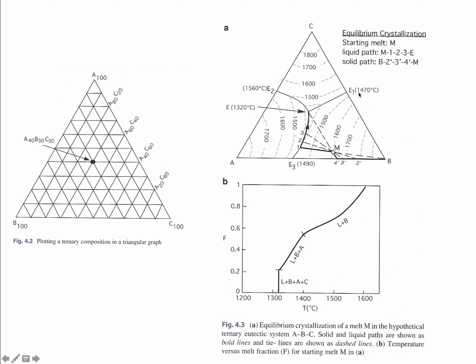Here we have the eutectic point at 1470 degrees, 1490 degrees, 1560 degrees Celsius at E2 between the composition of A and B. Now we are going along the solid path from B over 2', 3', 4' to M.